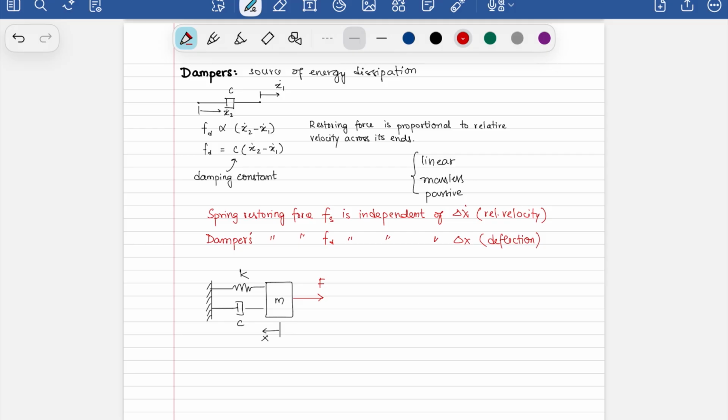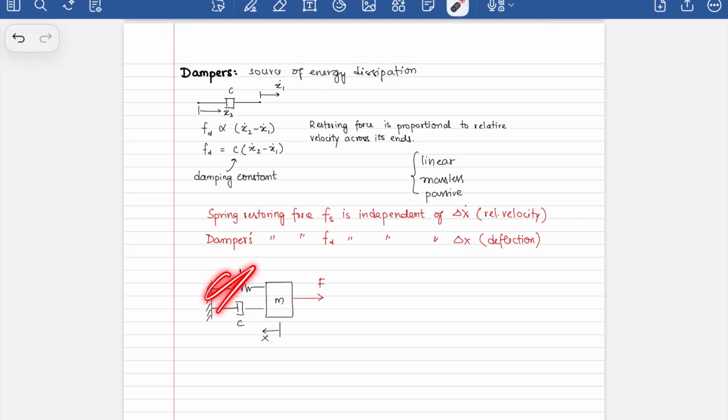Okay, in this case, we can think of this as a top view, and all of this is on a flat surface, and so mg would be acting inward, and the reaction, the normal force, would be acting outward.